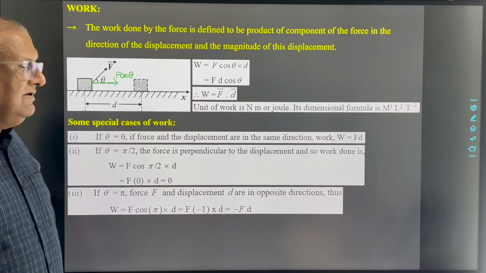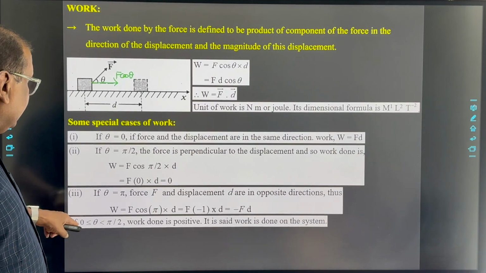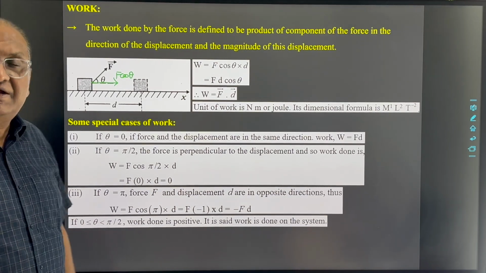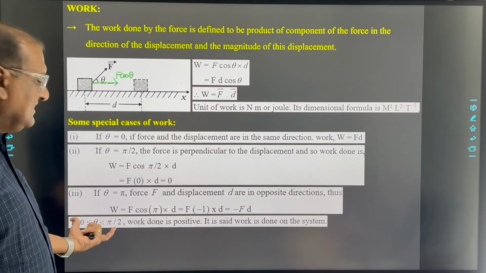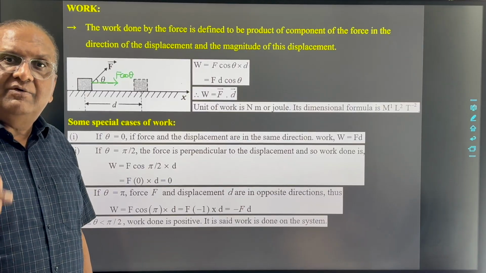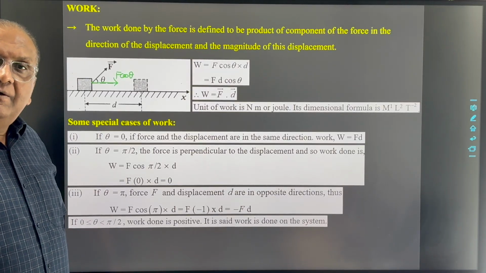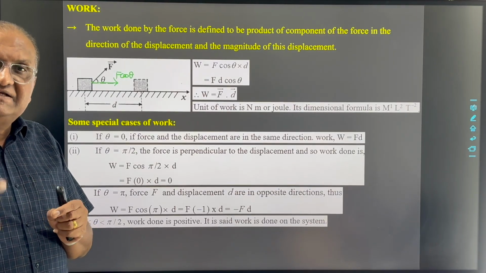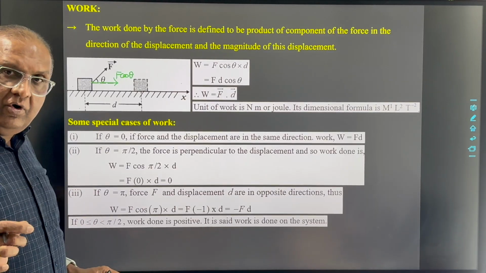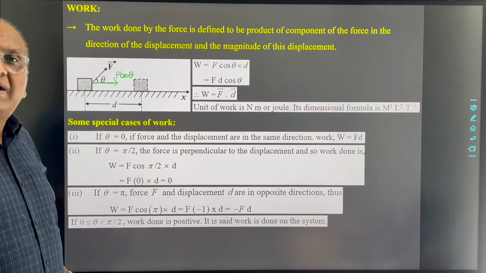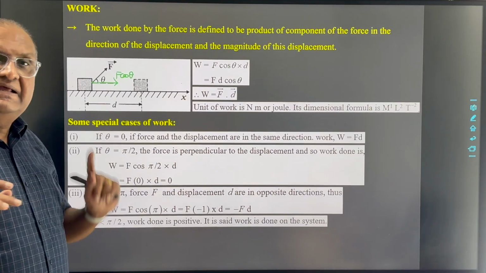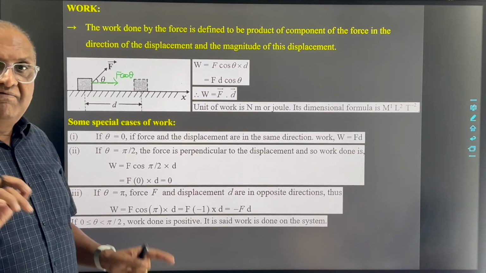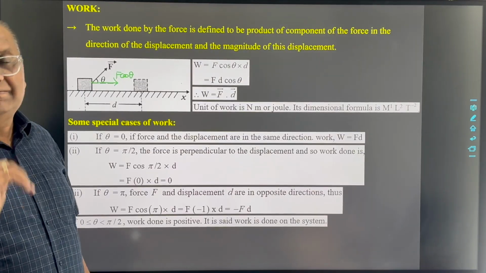In a broad sense, if 0 is less than or equal to theta is less than pi by 2, then the work done will be positive. It means that if the angle between force and displacement is either 0 or between 0 and pi by 2, then work done is positive, and it is said that work is done on the system.